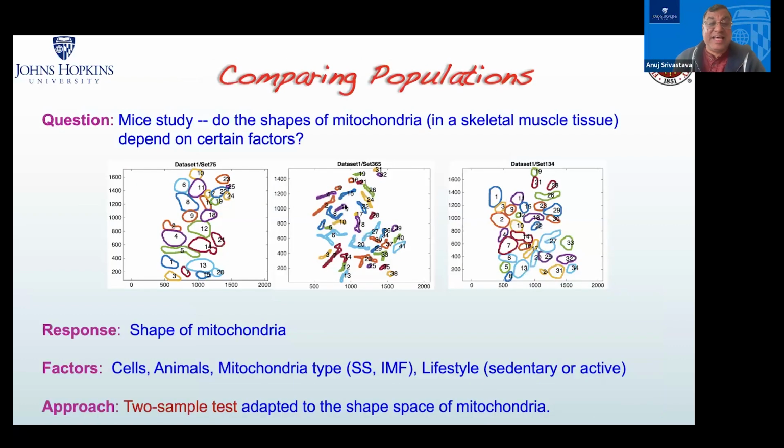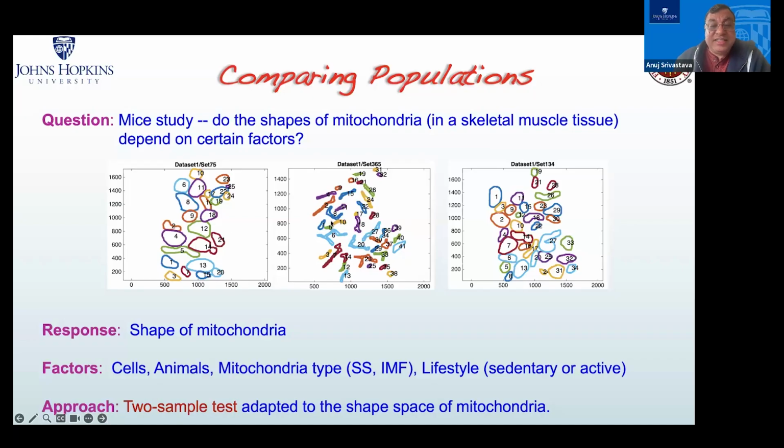In fact, he gave us data where he hand segmented. This was before he became famous. He was young, he had plenty of time on his hands. He hand segmented these mitochondria in the stained images, muscle tissue, microscopic images. And he gave us two kinds of mitochondria. One he called SS, one is called IMF.